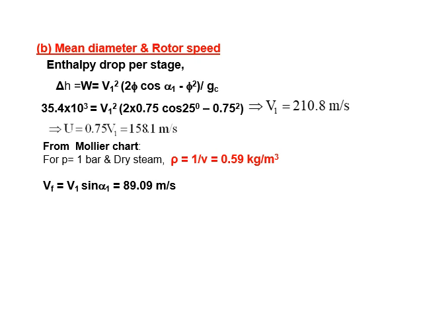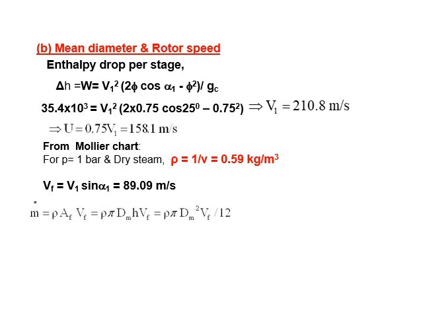Now Vf, we know the relation, Vf is equal to V1 sin alpha 1. So we get the Vf value as 89.09 meter per second. Then mass flow rate is equal to density into area of flow into velocity of flow. Here density is known, and area of the flow is calculated by using the expression pi into mean diameter into h, the height of the blade, and Vf represents flow velocity.